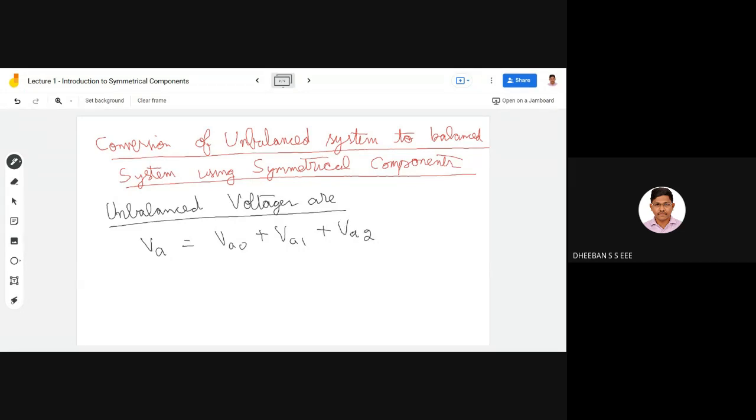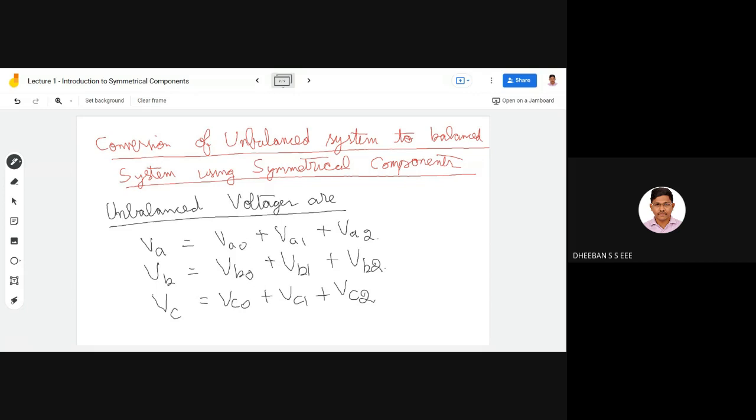Similarly, this goes for all the three phases. So VB will be equal to VB0 plus VB1 plus VB2, and this goes for VC: it will be VC0 plus VC1 plus VC2. So this is the representation of your unbalanced voltage.